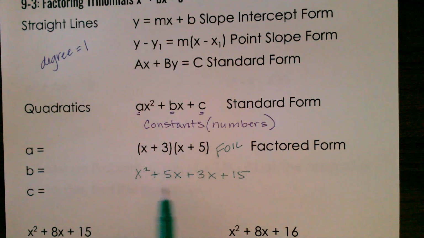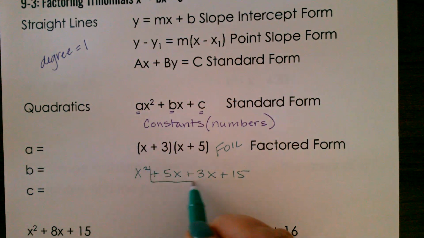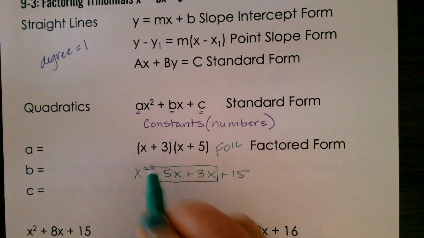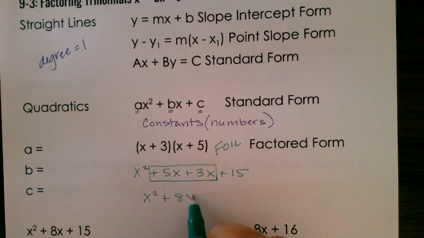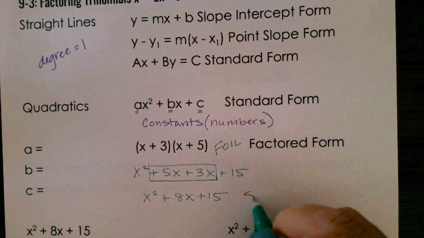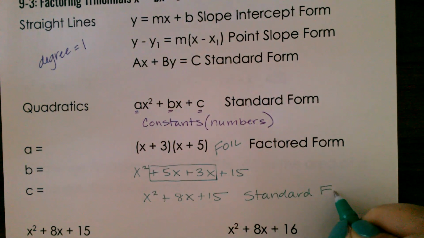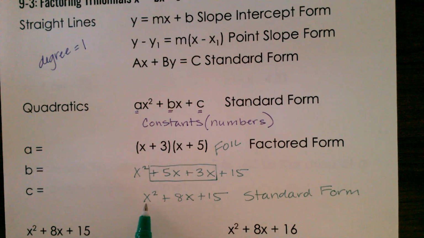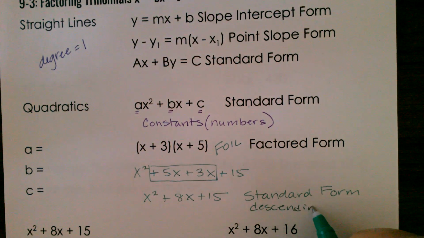Yesterday and the day before, we were working with polynomials, bringing them to factored form. Combine our two like terms in the center. X squared plus 8x plus 15 is standard form. Some things about standard form, please notice we are writing it in descending order.